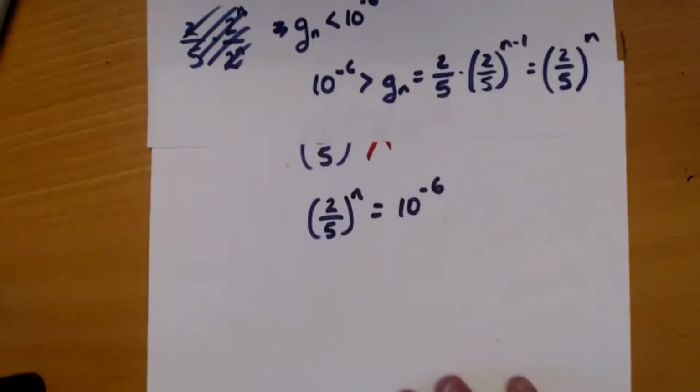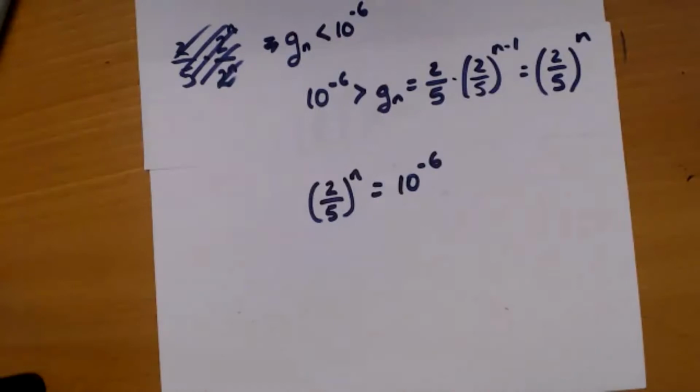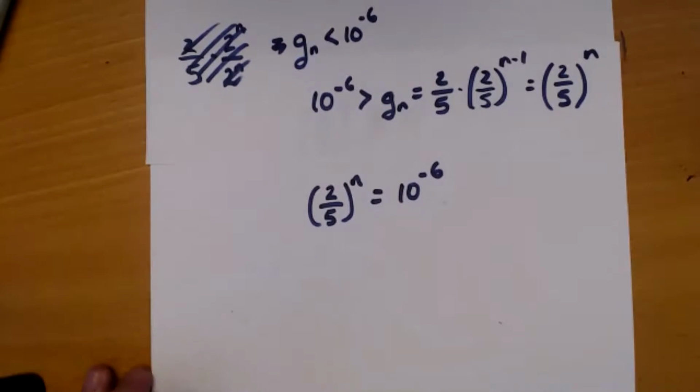And the reason why we're going to lie is because when we get our answer, which is going to be some cracked out decimal, then we're going to decide, do we round up or do we round down? But if we keep the inequality sign in there, chances are some of you are going to screw that up.